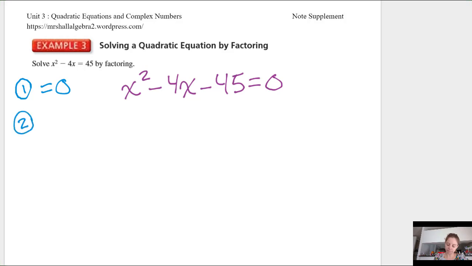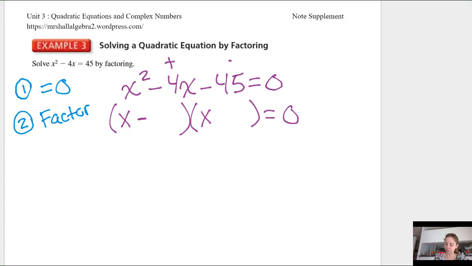Second step, factor. This is a factorable quadratic trinomial. Looking for two numbers that multiply to -45 and add to -4, which is -9 and +5.